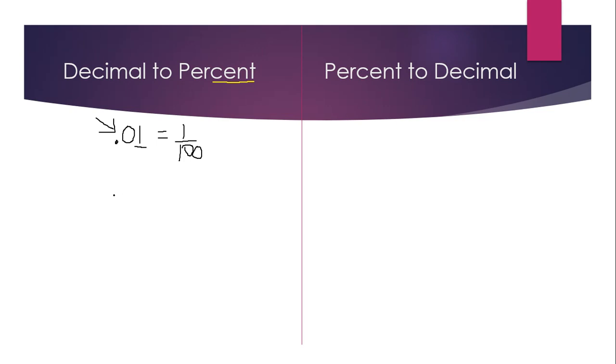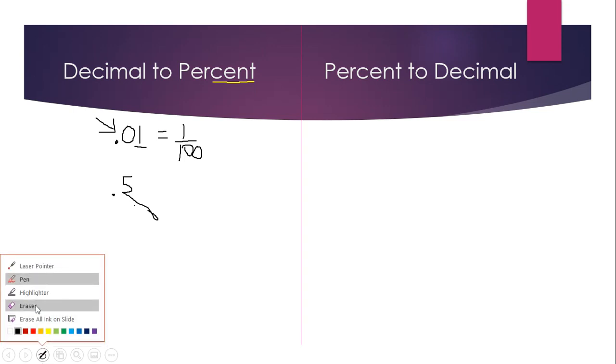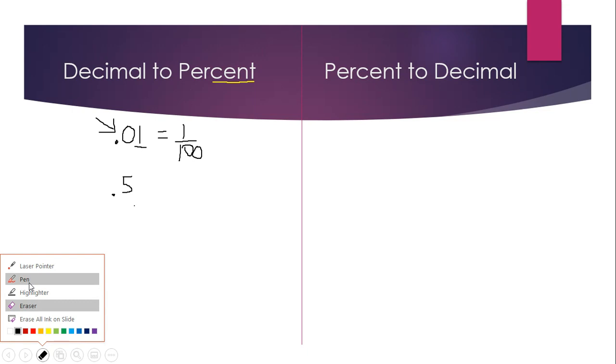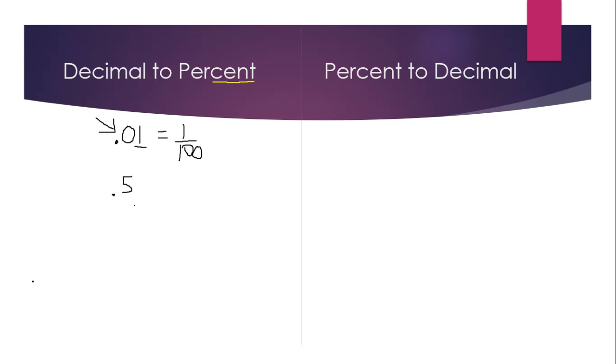Okay, so if I have a different number like 0.5, sorry about that. Okay, 0.5, and I think about place value. Okay, this is 5/10 because this is in the tenths place value.